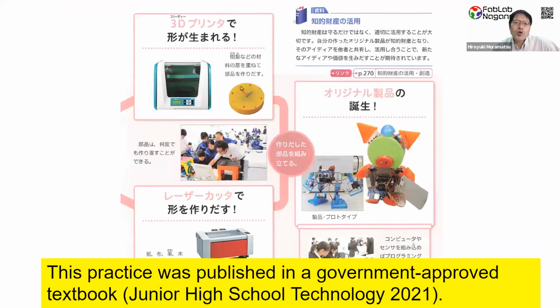So recently, this product and activity became well known, because this slide shows a textbook for junior high schools. This textbook is a government-approved published textbook, used by about 60% of schools all over Japan.